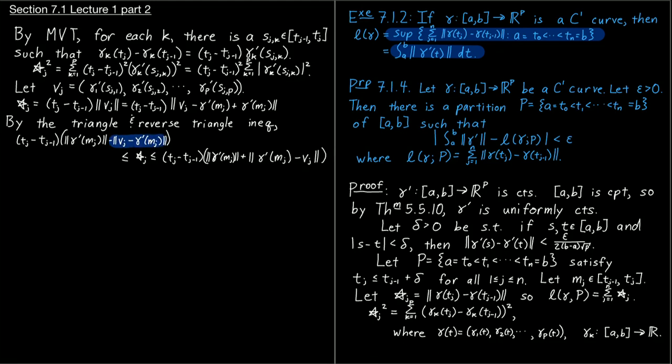What can we say about these little bits of errors? Well, let's compute what they are. The norm of vj minus gamma prime of mj, let's square it. That'll make it easier to compute.